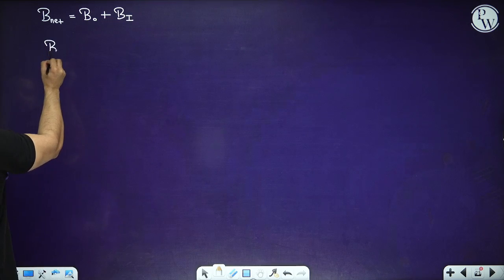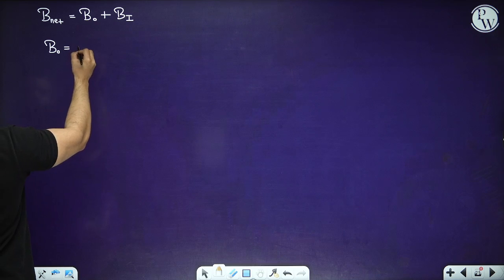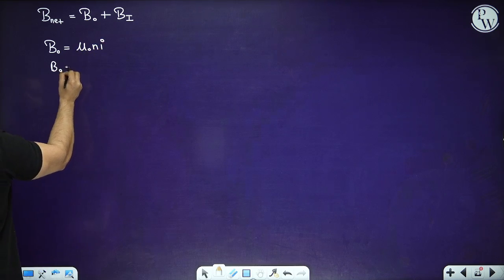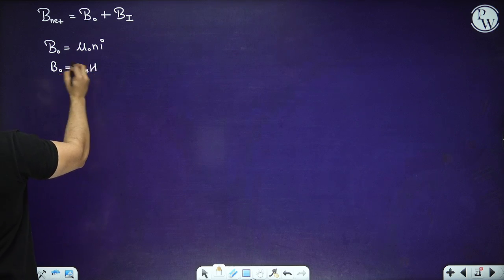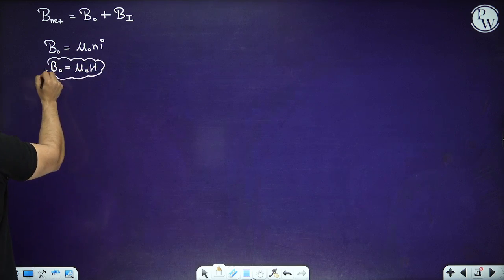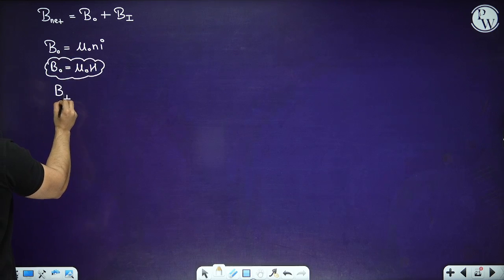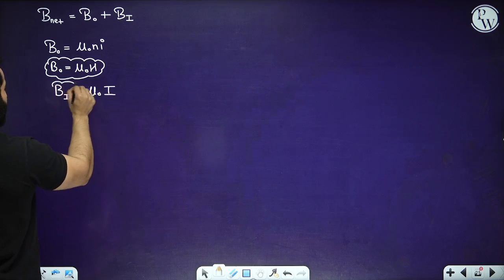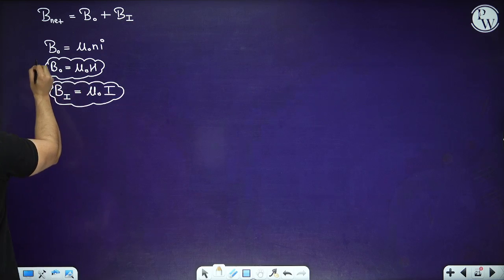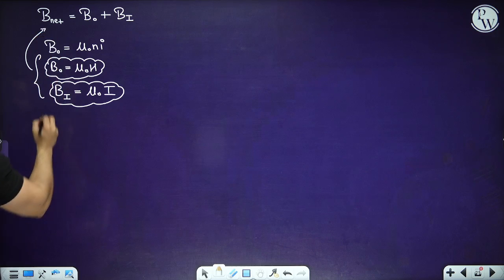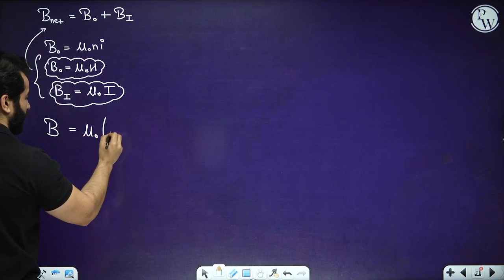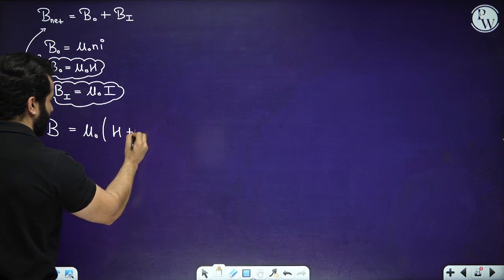Now B naught can be written as mu naught Ni, and Ni can be written as H. So this can be written as mu naught times H. Another thing is Bi can be written as mu naught times I, where I is the intensity of magnetization. So if I plug both of these in over here, net magnetic field will be equal to mu naught common, that will be H plus I.